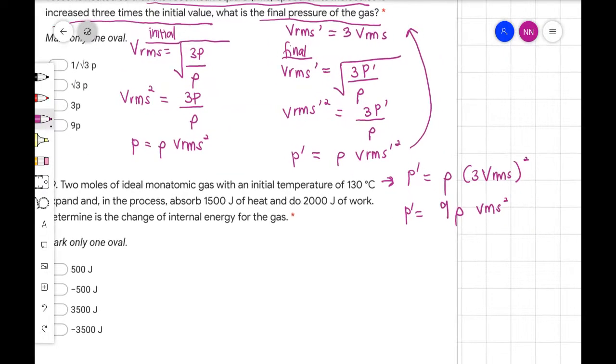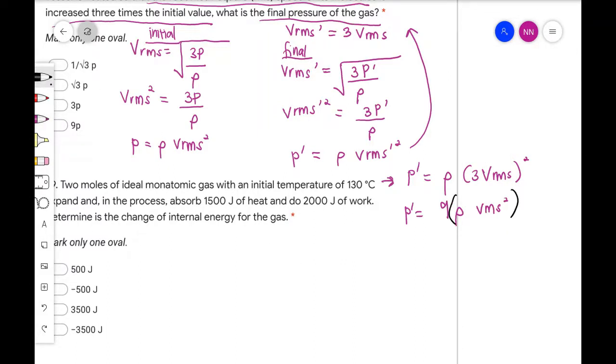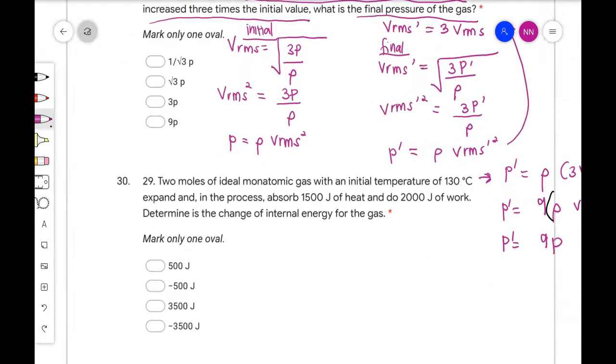Alright, where rho V rms squared is P. So P prime equals 9P. Okay, so the answer is D.